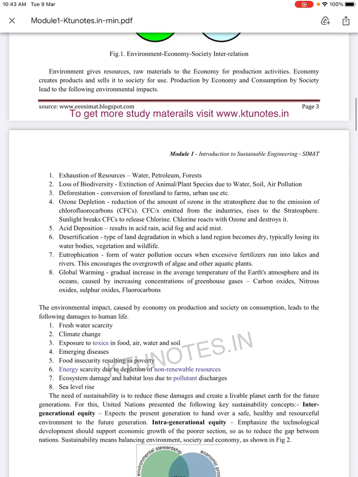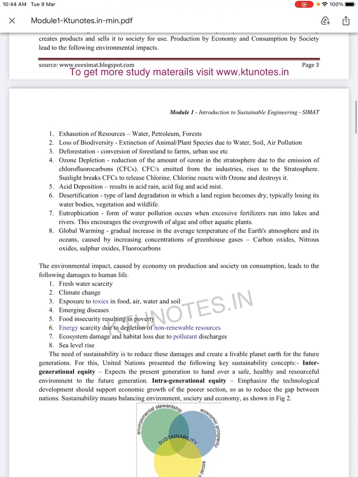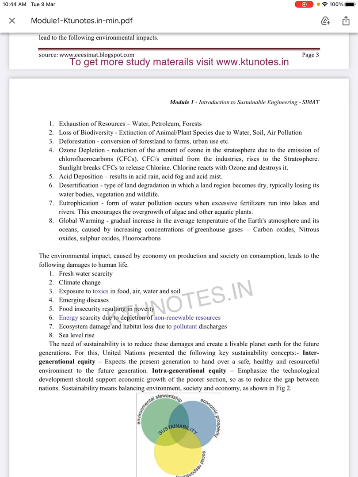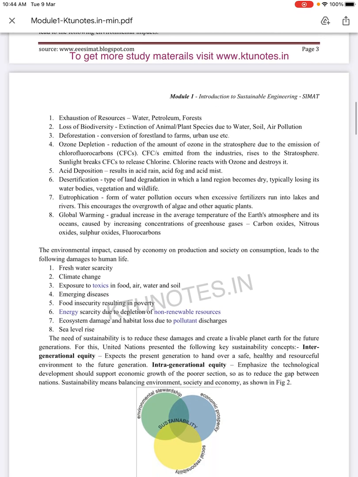Acid deposition is mainly due to acid rain. Then desertification and eutrophication. Eutrophication is a form of water pollution that occurs when excessive fertilizers run into lakes and rivers, encouraging the overgrowth of algae, which causes difficulties to aquatic life. And of course global warming. These are the main environmental impacts on the earth.